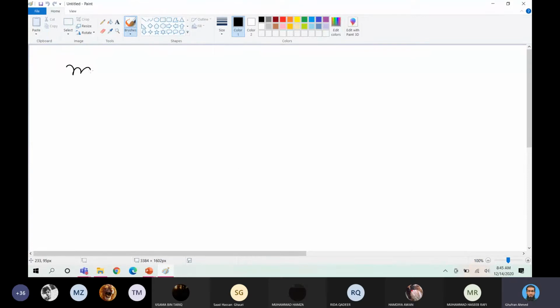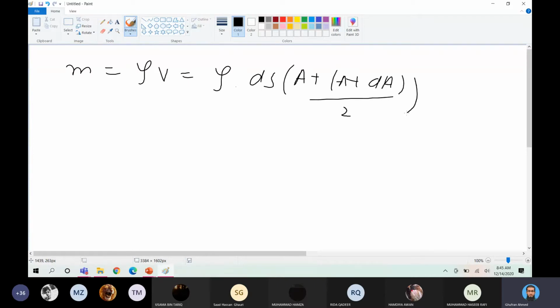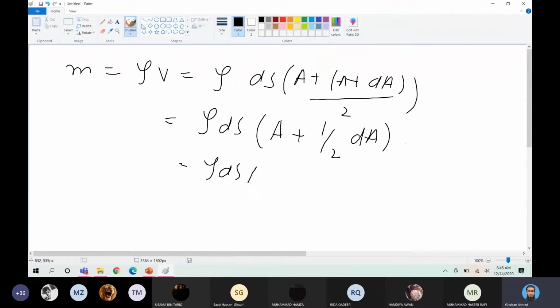So mass equals rho V, which equals rho ds times the average of the area, A plus dA divided by 2. That is rho ds times A plus half dA. So ignore this half dA part, neglect it. So the mass is rho ds A.